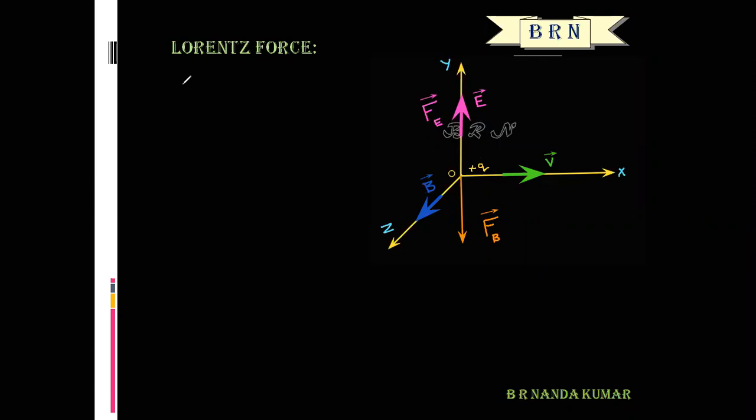The force acting on the charged particle due to the electric field is F vector equals Q times E vector. We call this equation number 1, and the direction of the force is the same as the direction of the electric field.